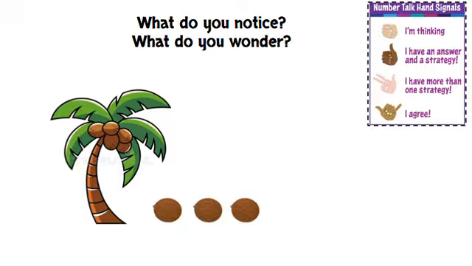Or I noticed there are 5 coconuts in the tree and 3 on the ground. Or your child might say, I wonder what we're going to do with this set of coconuts. It really is just getting them to think about math and think about how they see math.